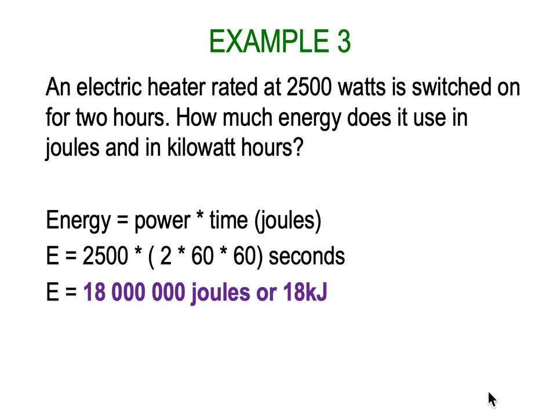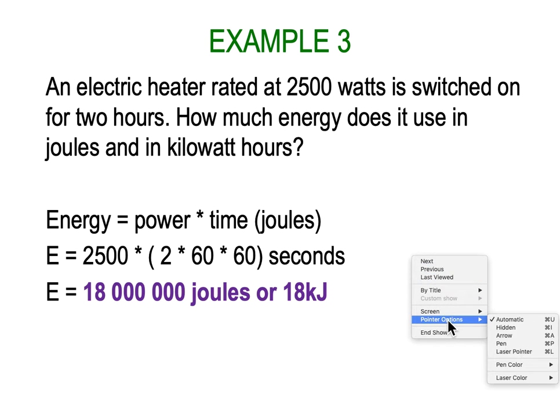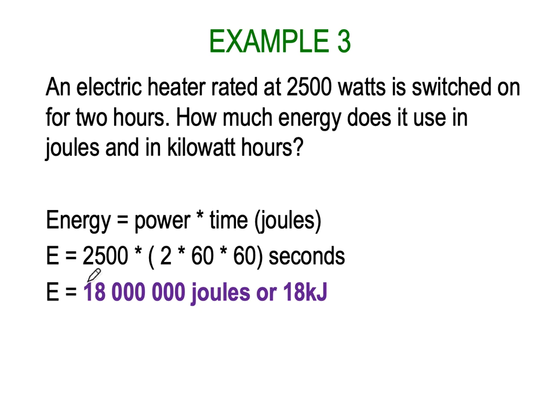So in this particular case, we've got 2,500. It's on for 2 hours, multiplied by 60, multiplied by 60 again to get us into seconds. So that's all this does, it turns our 2 hours into seconds. And if we know what the power is in watts multiplied by the seconds, it turns it straight into joules for us.